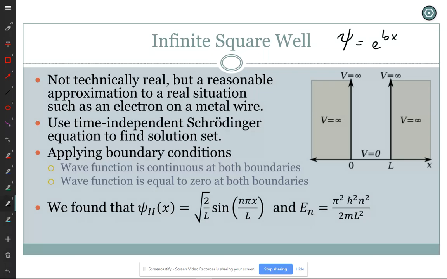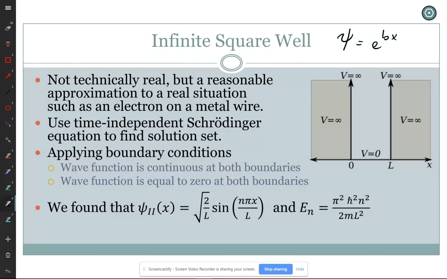In order for our wave function to obey the boundary conditions, we could only have specific values of, remember the b, we replaced b with ik or kappa, depending on energy. And we could only have certain k values, which meant we could only have certain energies. And so our system suddenly became quantized. There are only certain energies you can have for a particle in a box with infinite walls. And so the n's are numbering the energy states.